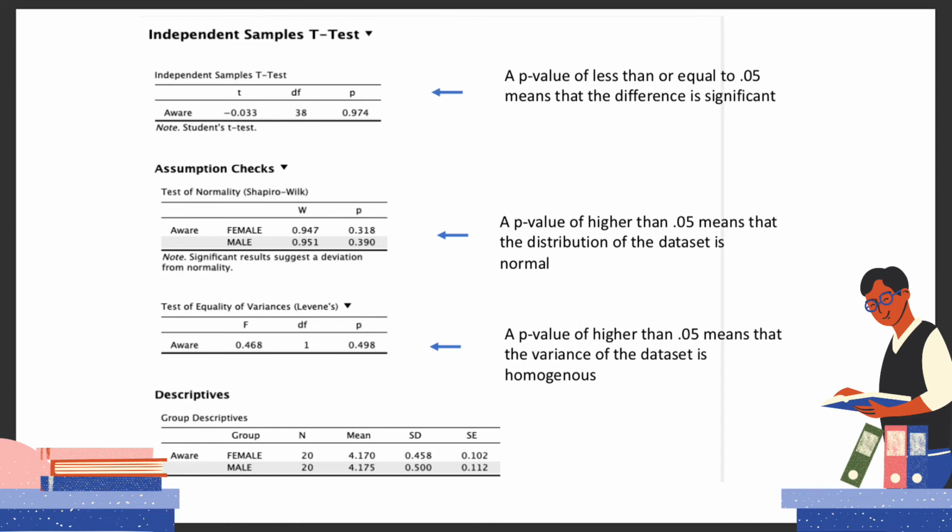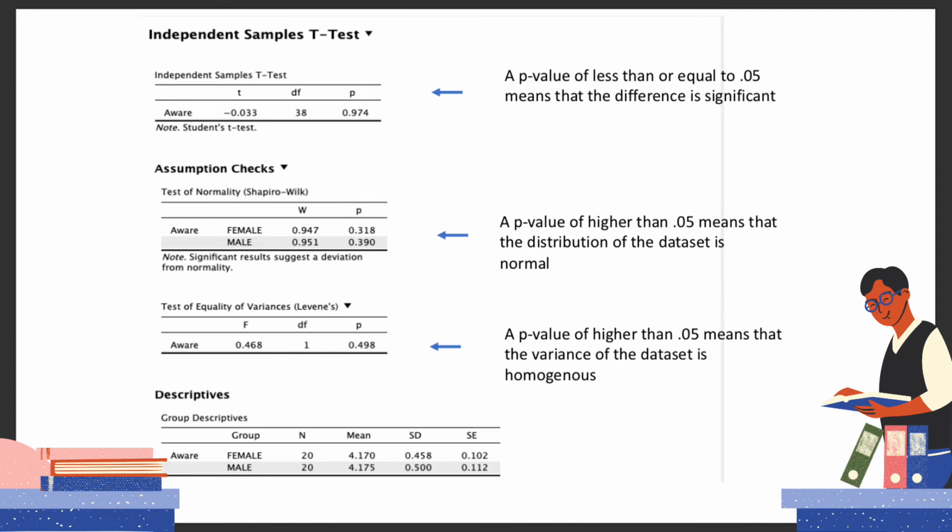Now, the value given in our results is 0.974. That means to say it's more than our desired p-value. Therefore, our judgment will be there is no significant difference in the level of awareness of our female and male pharmacists.